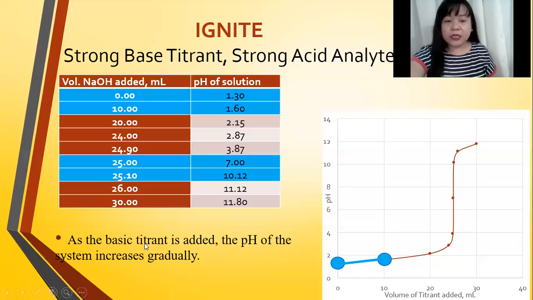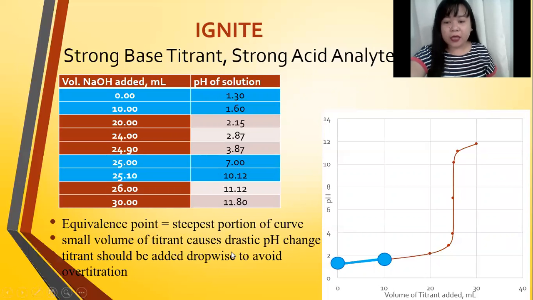So as the basic titrant is added, the pH of the system increases gradually. However, notice that as we are nearing the equivalence point, the pH change is becoming more and more steep, until a small volume of titrant causes a drastic pH change.